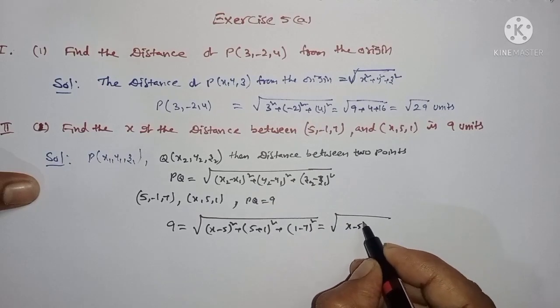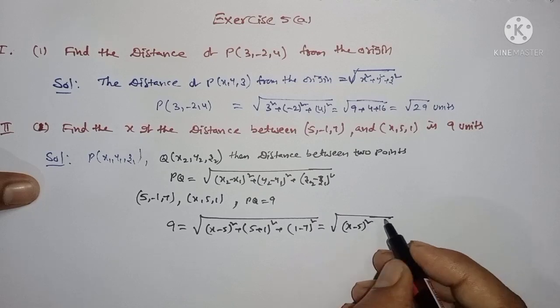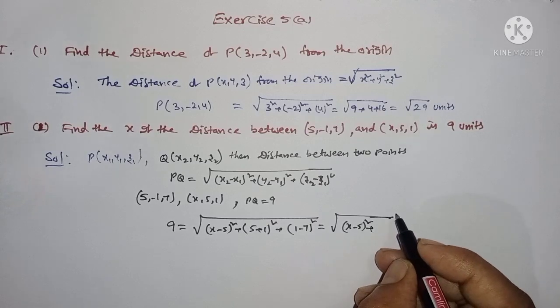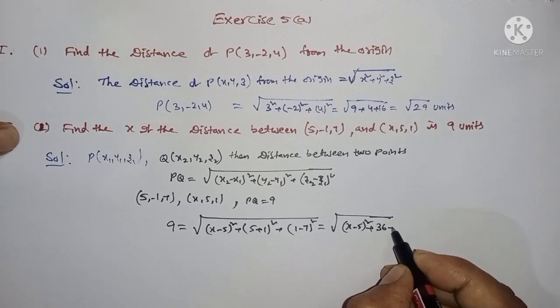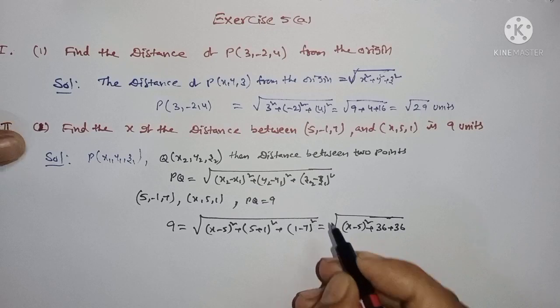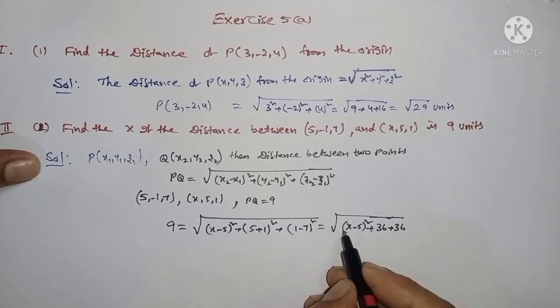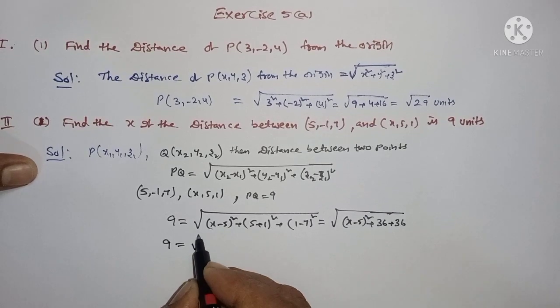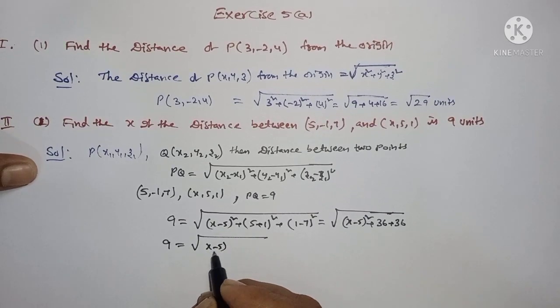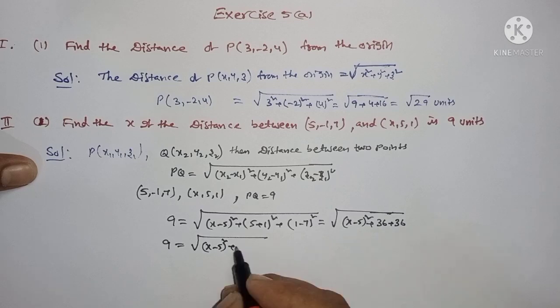So x minus 5 whole square plus 36, plus this is also 36. Therefore you can write here again 9 is equal to under root of x minus 5 whole square plus 72.